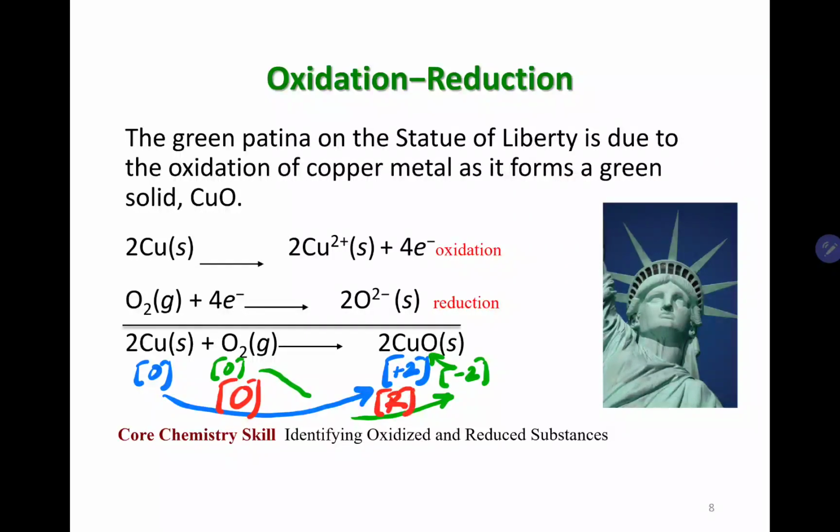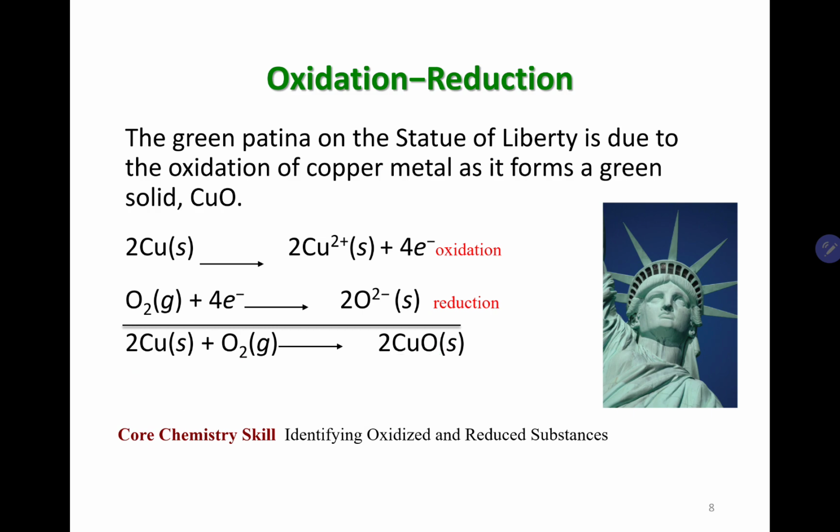So indeed this copper reaction with oxygen is an oxidation reduction reaction. Why? Because copper is oxidized and oxygen is reduced. You can see an electron loss from copper and electron gain from oxygen.